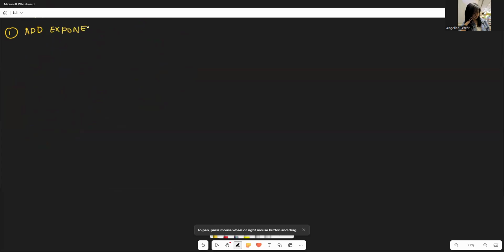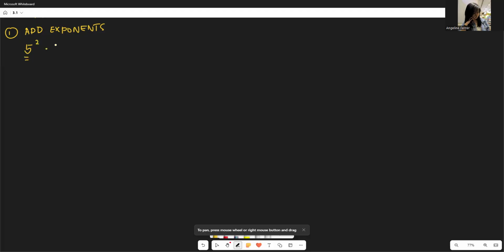When do we do this exactly? So we add exponents when we're multiplying same bases. What do we mean by base? This is the value or the number, the bigger number or value beside the exponent, like 5 squared. So this is the base.